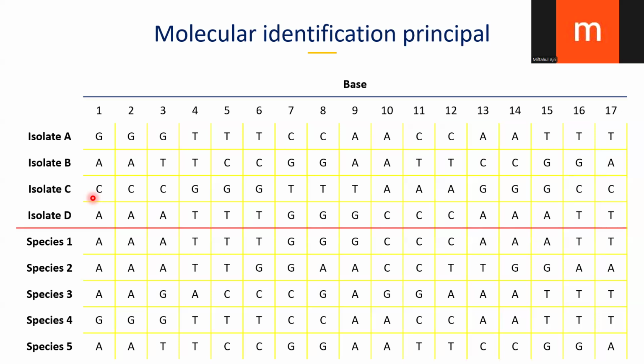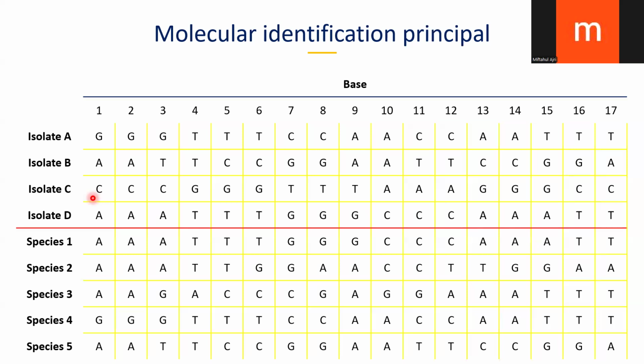So there is a website that contains a database of genetic information of microorganisms, including nucleotide sequences. You can go to the NCBI. NCBI is a database of molecular identification of organisms, including human, animal, plant, and microorganism.